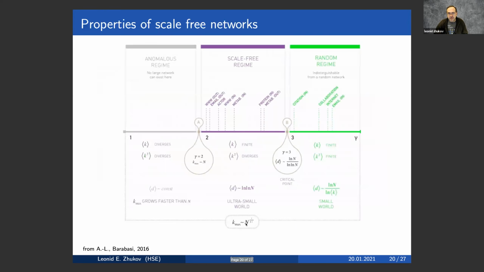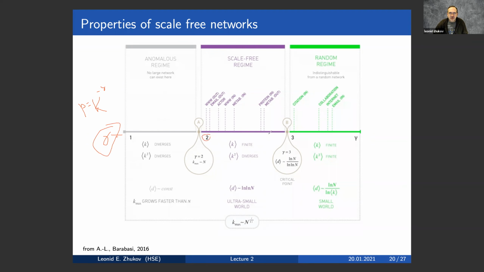of the system. So to sum up with the scale-free networks, we literally have three regions, right? Now this is gamma, this is P(k) ~ k^(-gamma), the power law coefficient.